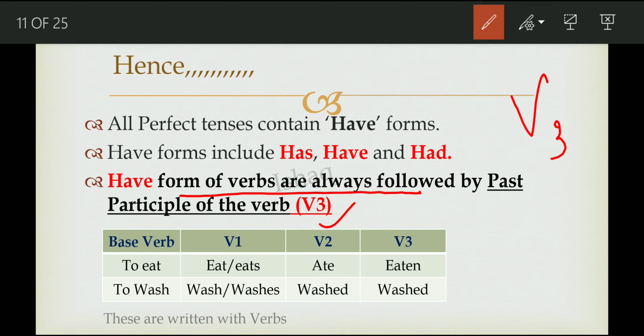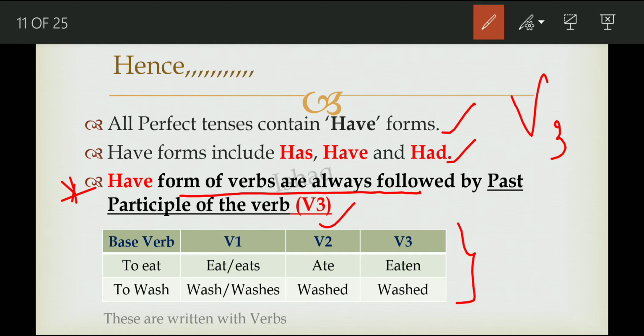Though we know this, we make mistakes in the exam and sometimes do not identify it. So the most important conclusions we got till now are, first, all perfect tenses contain have forms. Have forms include what? Has, have and had. And this is the most important thing, a have form of verb is always followed by the past participle form of verb, v3. Now a few may be confused about what v3 is.